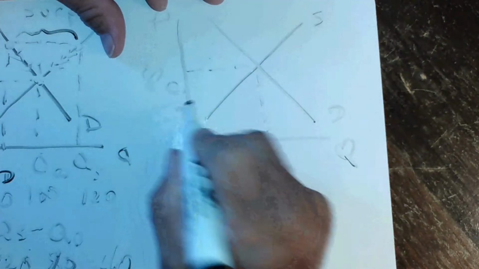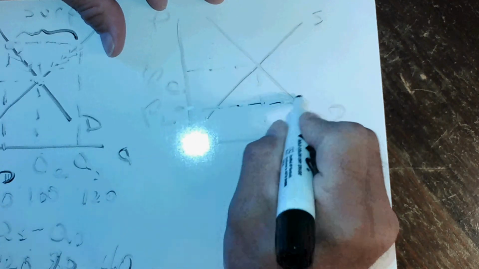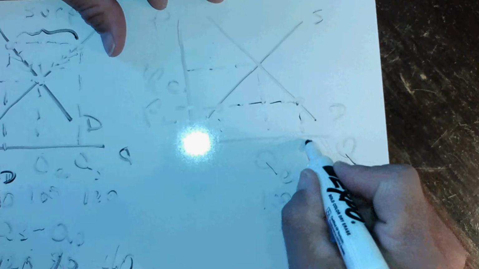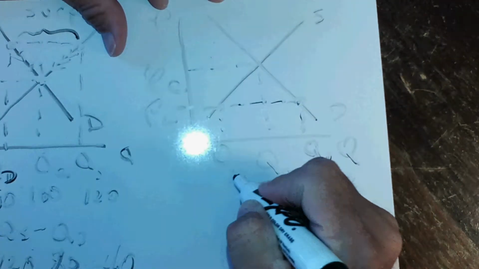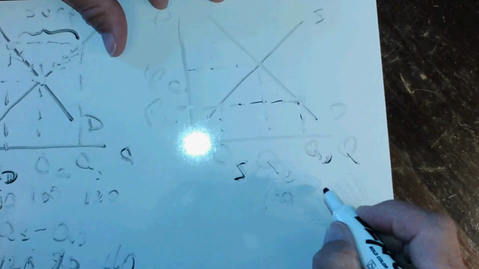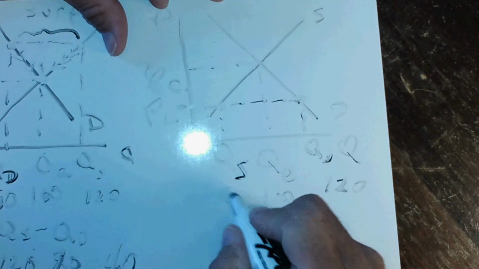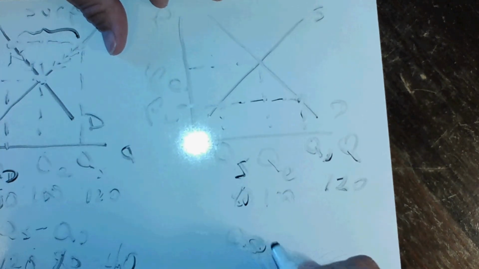But now, if the price is too low, you go over until you hit the supply and demand lines, stop at the last one you hit, go down, and now this becomes quantity demanded, and this becomes quantity supplied. And using similar numbers, if this is 120 and this is 80, now our quantity demanded exceeds our quantity supplied.